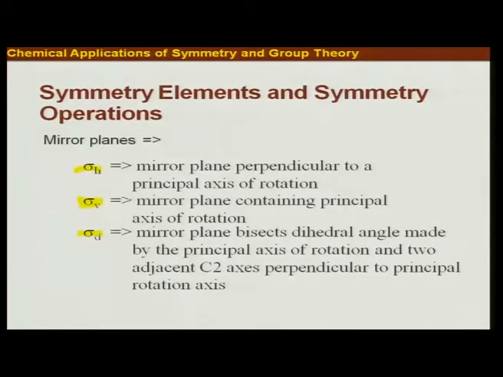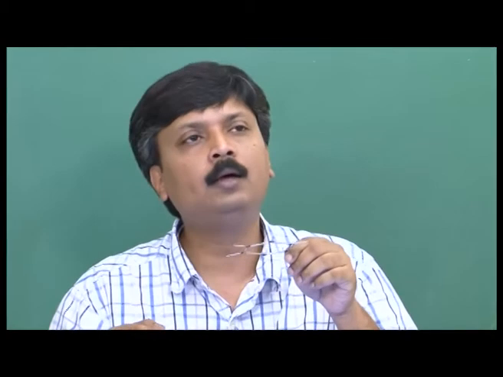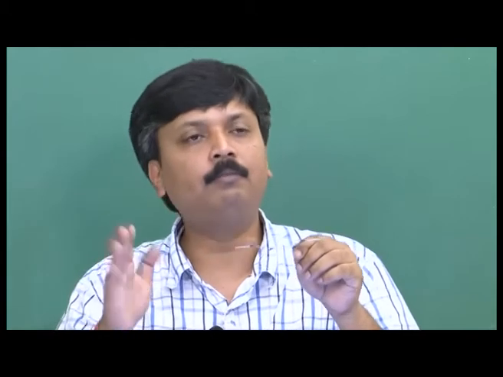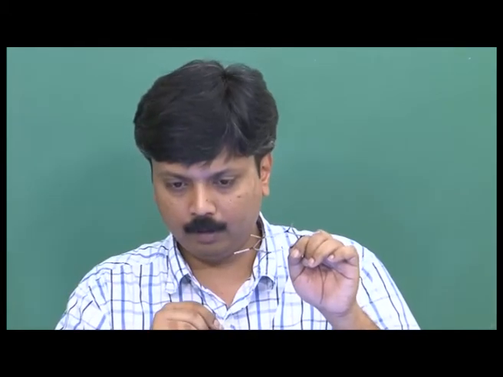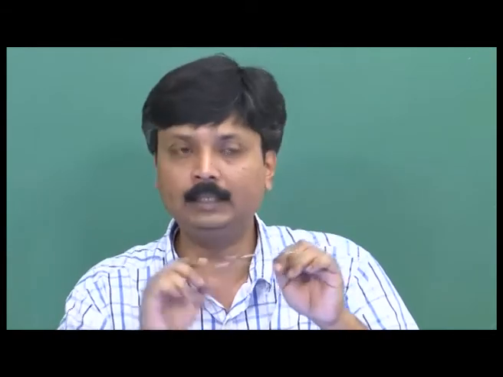Now what about sigma D? That is the other type of plane of symmetry. Sigma D is also a plane which contains the principal axis of symmetry, but it is different from sigma V in a subtle way. What is that? Let us have a look.